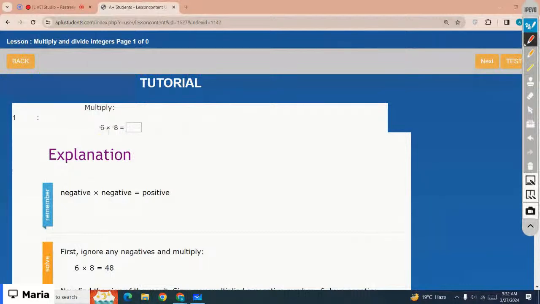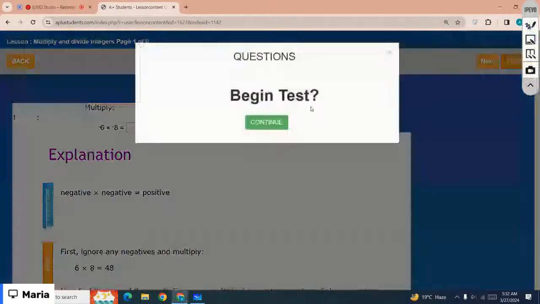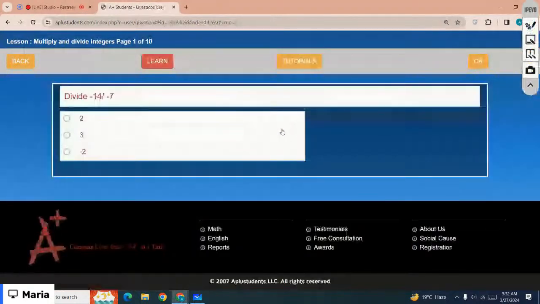Now you have to apply the rules we have learned in the previous lesson. So let's start with the test questions. The first one is negative 14 divided by negative 7.